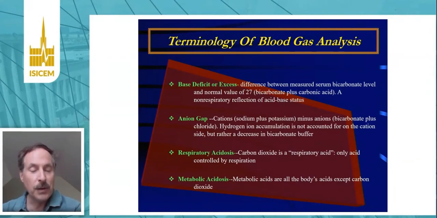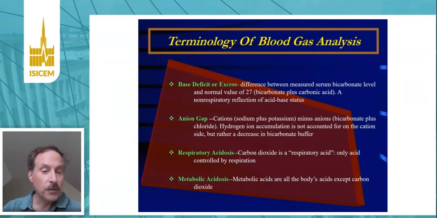Respiratory acidosis is reflected in the carbon dioxide component, as it is a specific respiratory acid. And metabolic acidosis is an assignment to the presence of other metabolic acids. The terms of alkalosis are similar to the respiratory and metabolic acidosis, but obviously in the other direction of the pH.